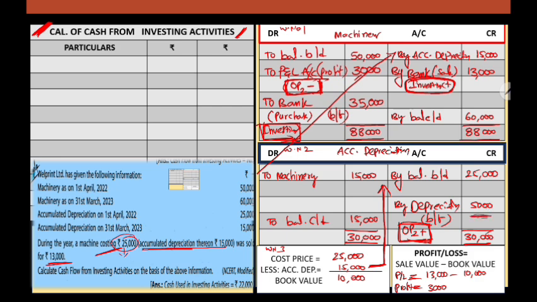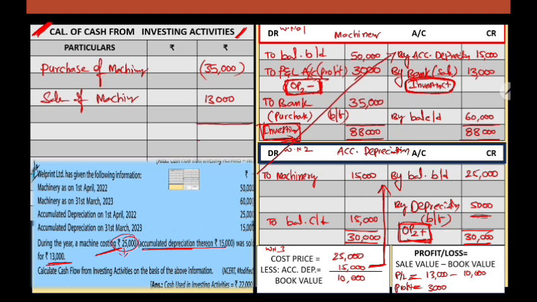But in the machinery account, we have the purchase value: purchase of machinery is a cash outflow, and sale of machinery is a cash inflow. Write down in the format: purchase of machinery is 35,000. Purchase of machinery is a cash outflow, so put brackets, it's a negative item. And the sale of machinery, 13,000, is a cash inflow, so a plus item.